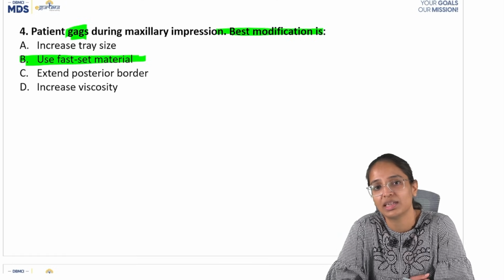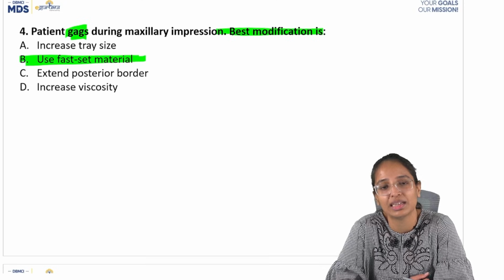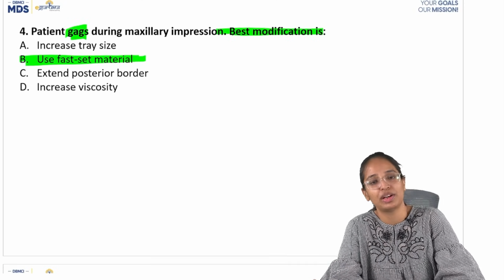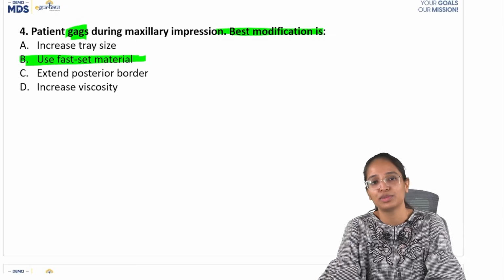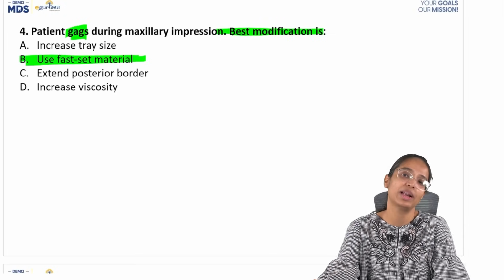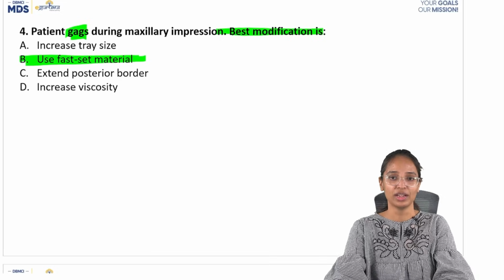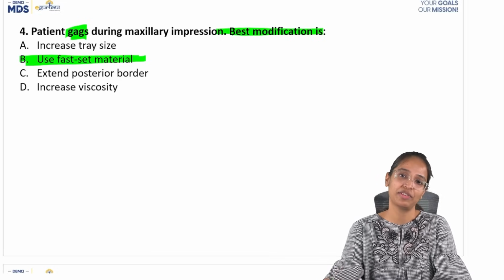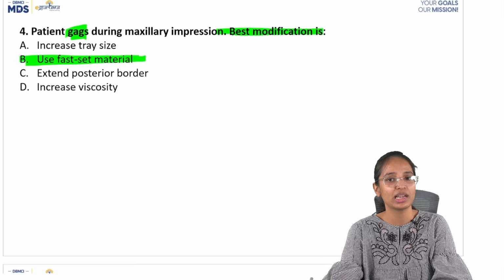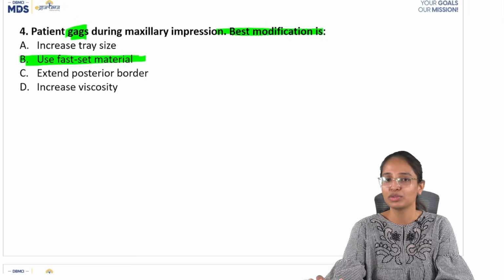We use fast setting alginates because alginate is something with which patients have a lot of gagging if it is not correctly mixed. If you have a very liquidy mixture of alginate going out of the posterior border, it can creep into your soft palate and lead to gagging of the patient. So in that situation, when we have a fast setting alginate, quickly into the patient's mouth, it sets very fast, you can take it out, and generally patients are able to tolerate it well.